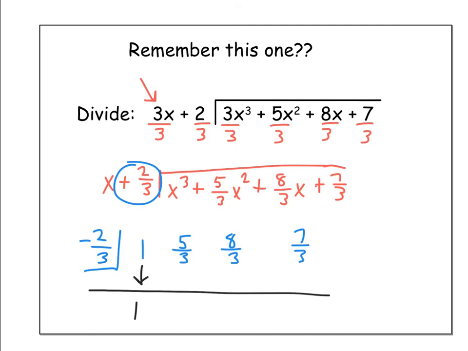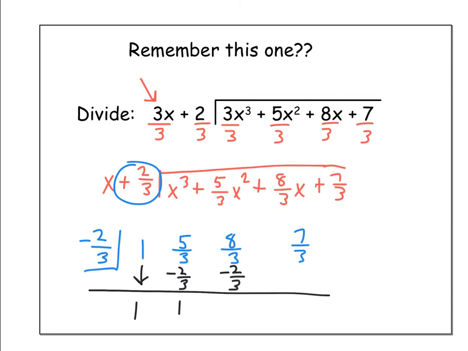So I bring down the 1, right, and then we multiply. So 1 times negative 2/3 is negative 2/3. Okay, adding those together, so 5/3 take away 2/3 is going to be 3/3, which is really just 1. Okay, and then we'll do 1 times negative 2/3 again to get negative 2/3.